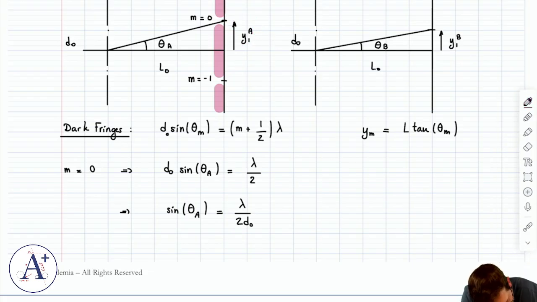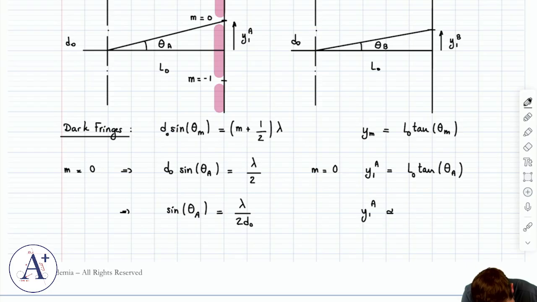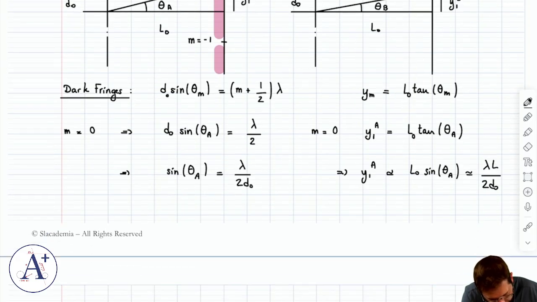So here we're going to say that, okay, for m equal to 0, y1a is equal to L0 tan theta a. But we're going to say that this is approximately equal to L0 sine theta a, which means that it's approximately equal to lambda L0 over 2d0 if I plug sine theta a in.